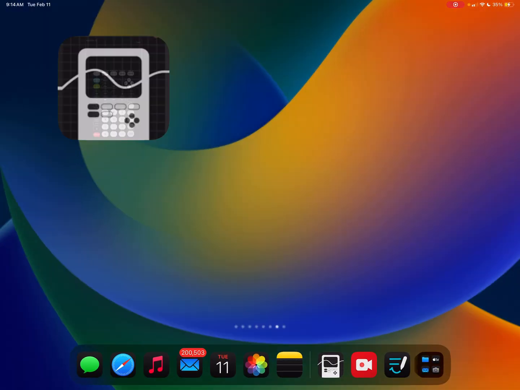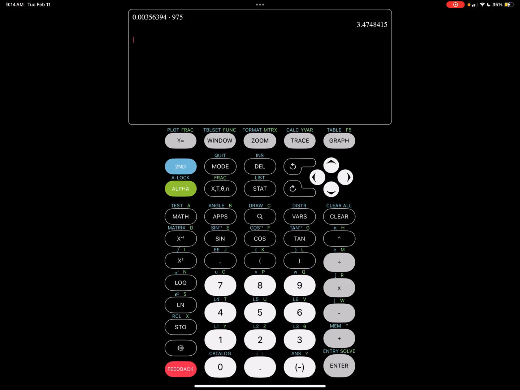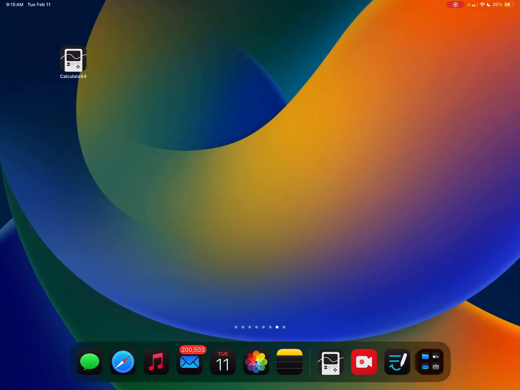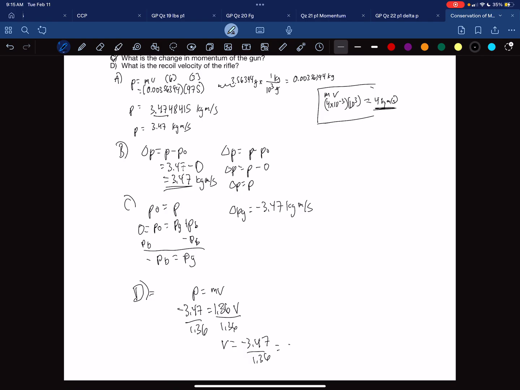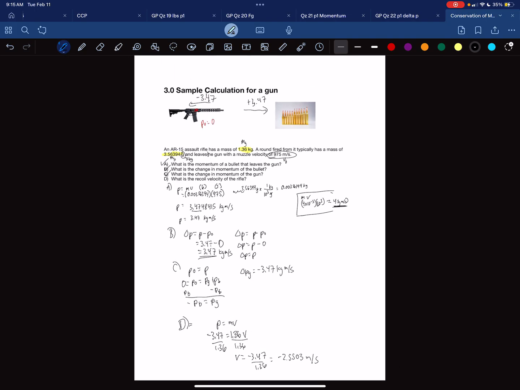On our calculator, we multiply the previous answer by negative 1 and divide by 1.36. We get minus 2.5503 meters per second. It makes sense that the bullet is traveling at 975 meters per second while the gun is much more massive and has a velocity of minus 2.55 meters per second.